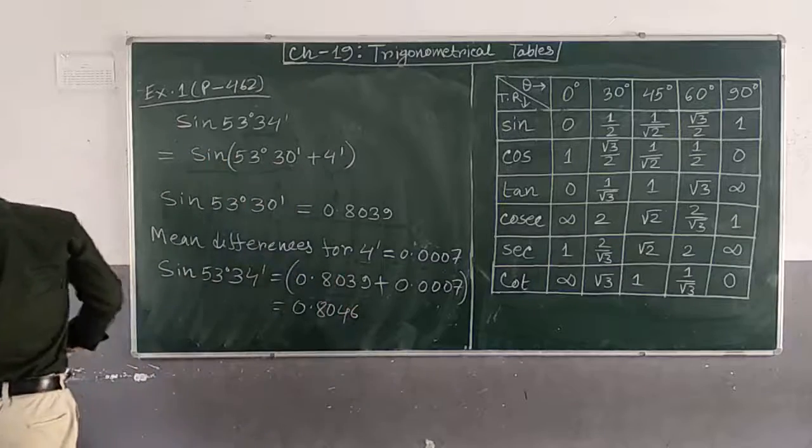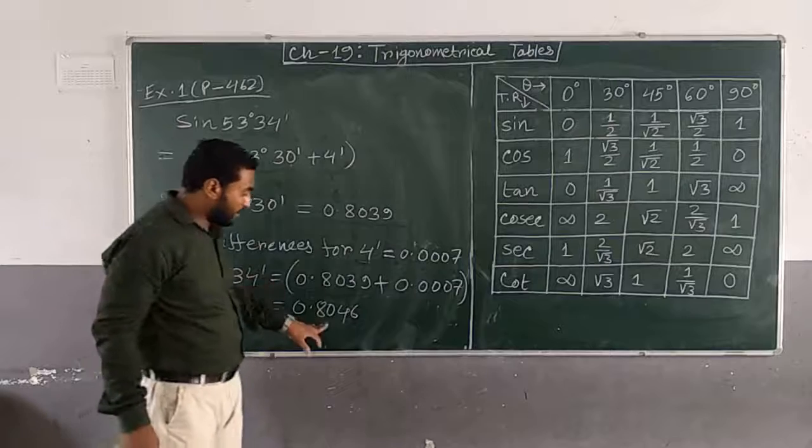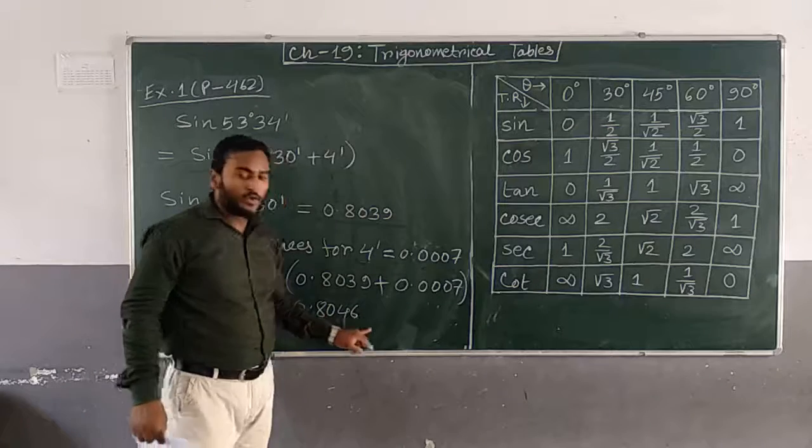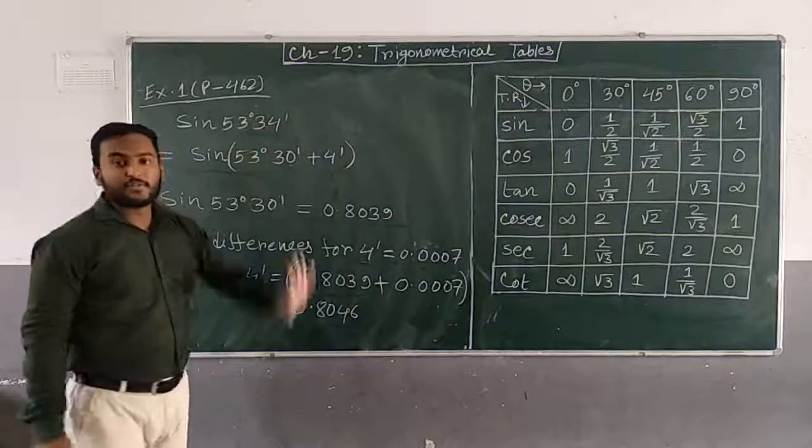So the value of sine 53 degree 34 minutes is 0.8046. So in this way you have to calculate the value of sine.